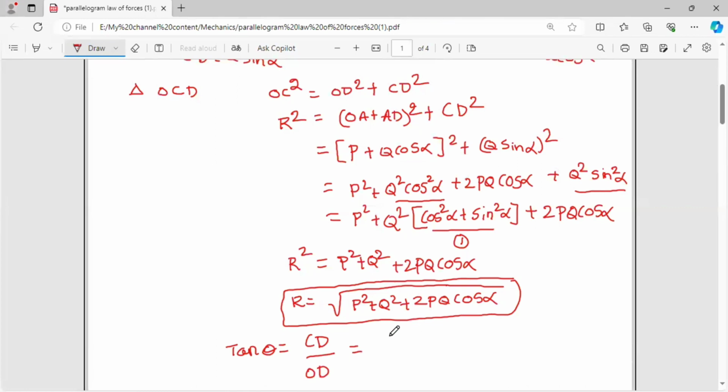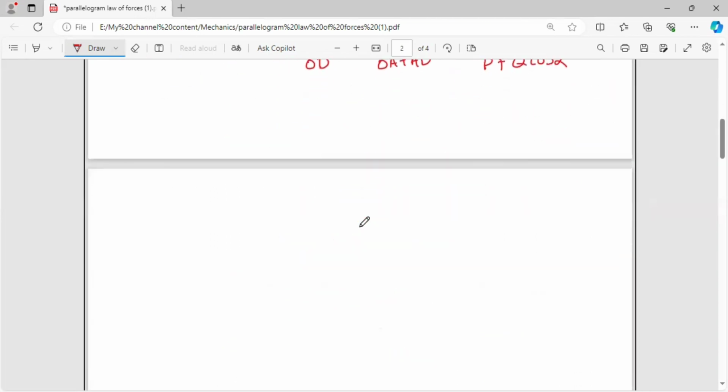So CD stays the same, and OD is OA plus AD. CD is Q sin alpha, and OA means force P, AD means Q cos alpha.